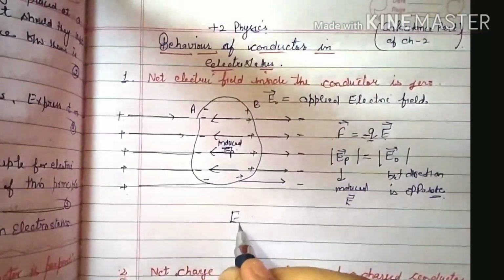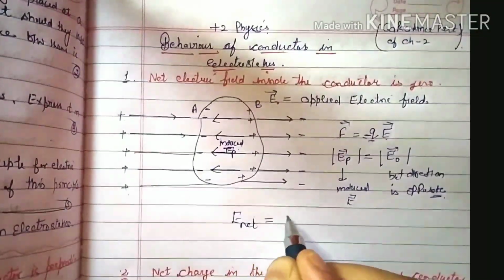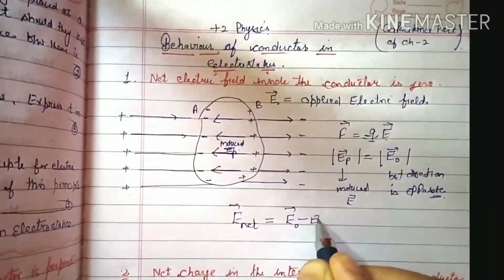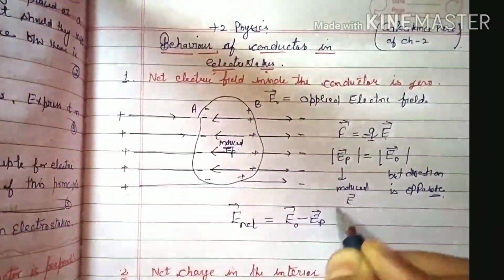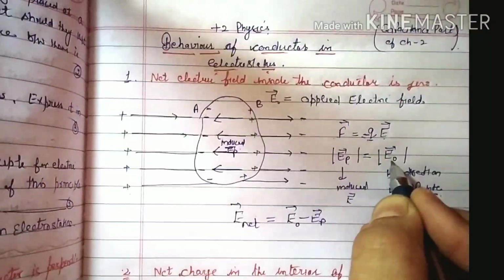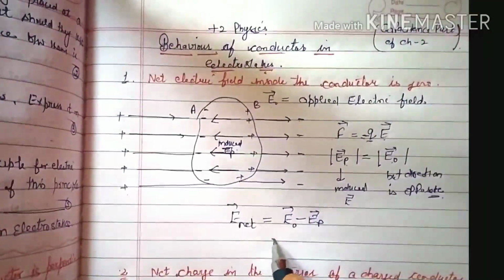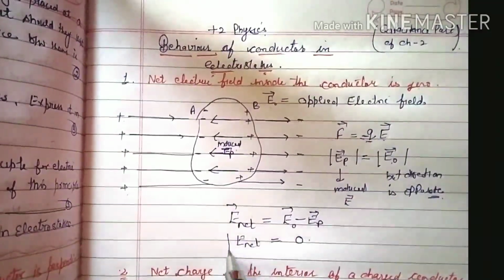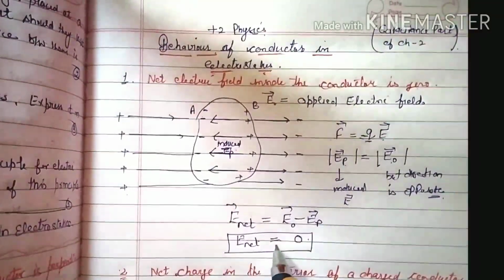So the net electric field is E naught minus EP, but because EP is equal to E naught, that is equal to 0. So the net electric field inside the conductor is 0.